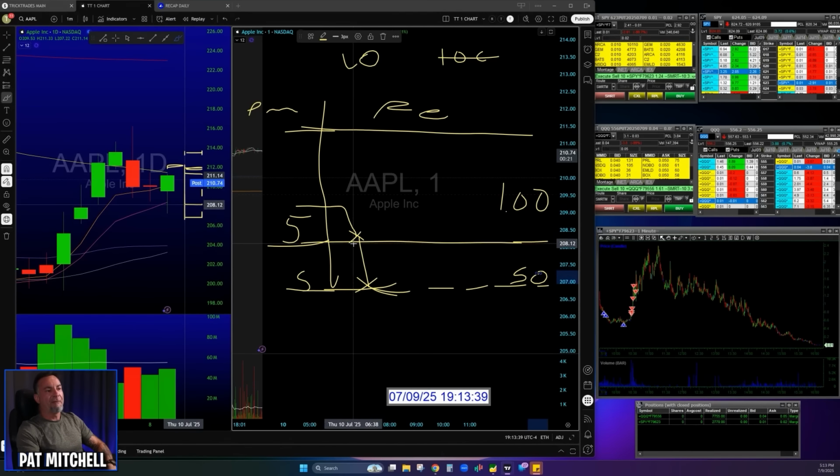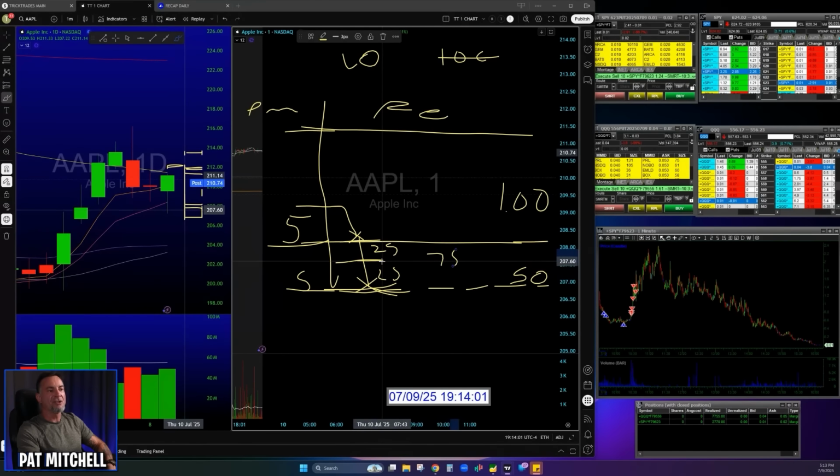So your average, if you started in at $1, added in at 50, and it's exactly 5 contracts and 5 contracts, your average is split down the middle. Well, what is that? Well, that's 25 above and 25 below, meaning 75.